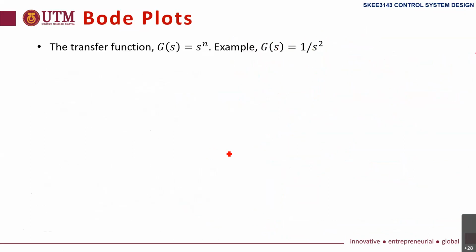Okay, let's move to this. What happens if we have 1 over s to the power of n? For example, 1 over s squared. Let's say we have s to the power of n. We substitute s with j omega, so j omega to the power of n.